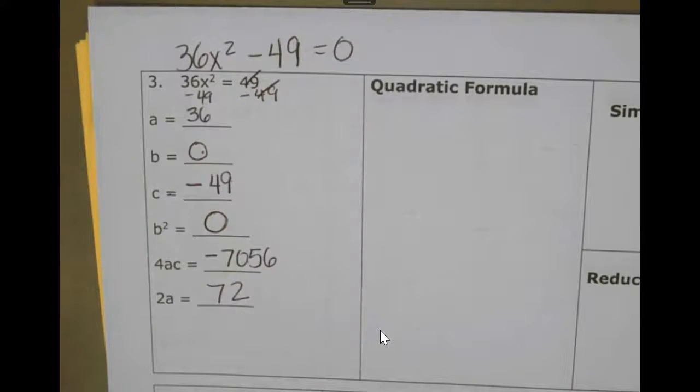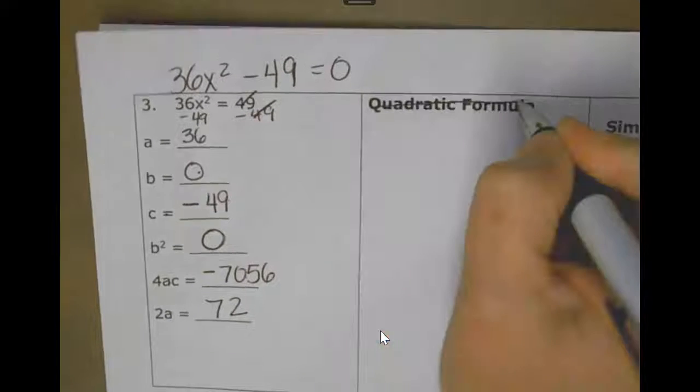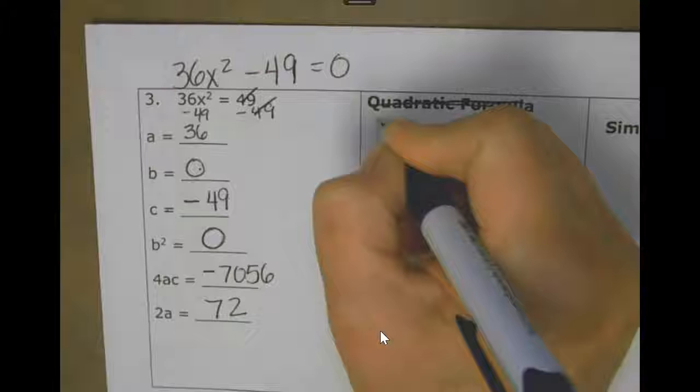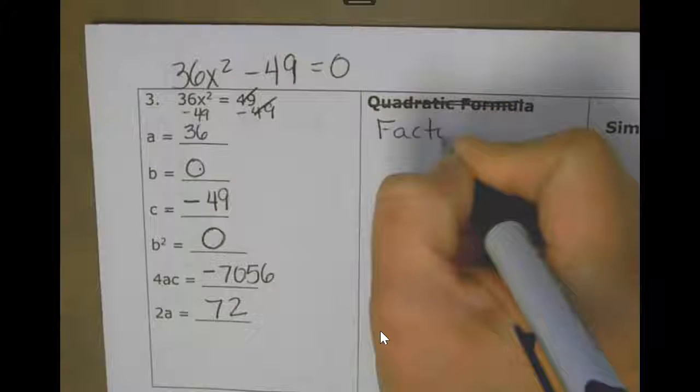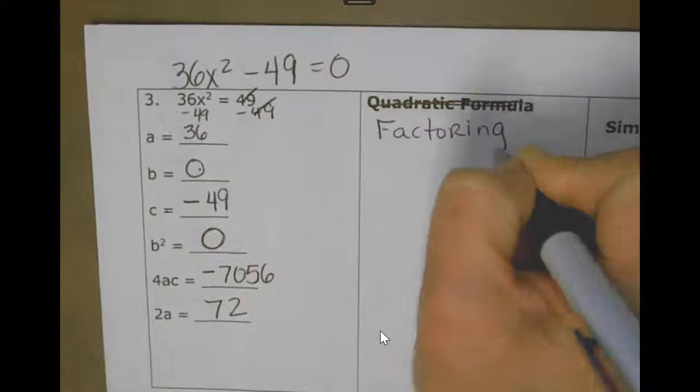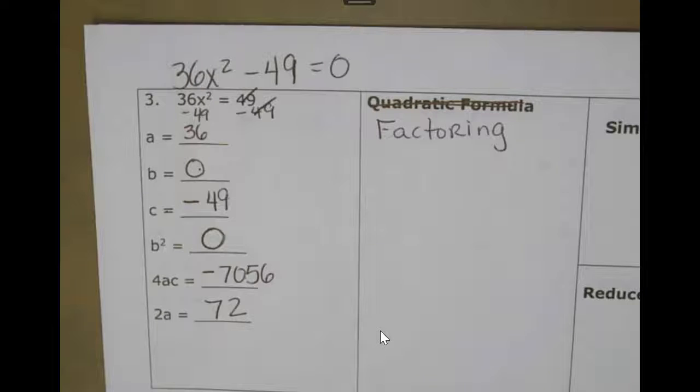Now, it is totally and completely possible to work out the quadratic formula with a number that big. It's the exact same steps. But I think there's an easier way to work this problem. Instead of using the quadratic formula on this problem, I think it's easier to get the answer by factoring if you know the difference of two squares pattern.